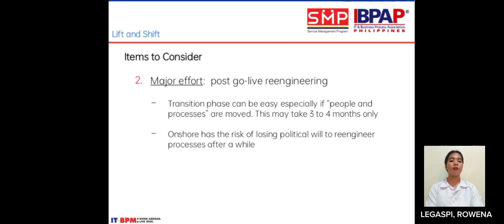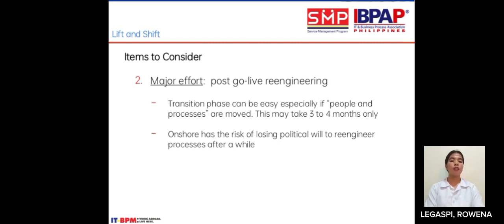So the major effort mentioned in post-go live re-engineering refers to the activities and processes that take place after a project or system goes live. The goal of post-go live re-engineering is to refine, optimize, and improve the implemented processes, systems, and workflow.